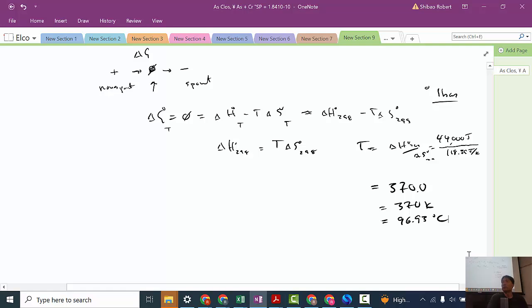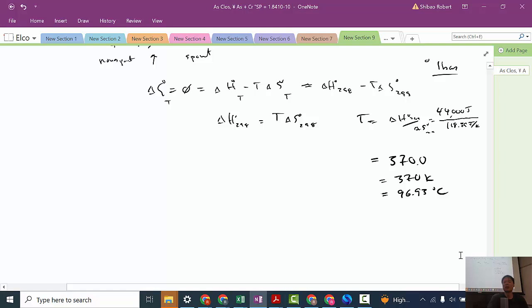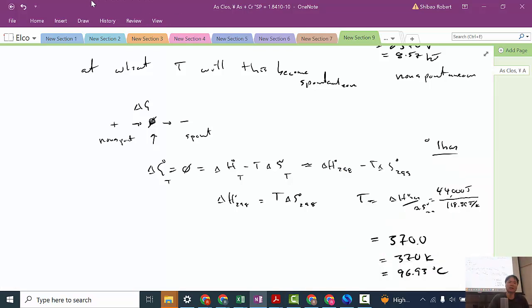All right, so this is the one application of this. We can change the driving force. We can make water boil spontaneously by just changing the temperature. This works because this is the scenario where delta H is, remember, delta H is positive here. That's a no-go.